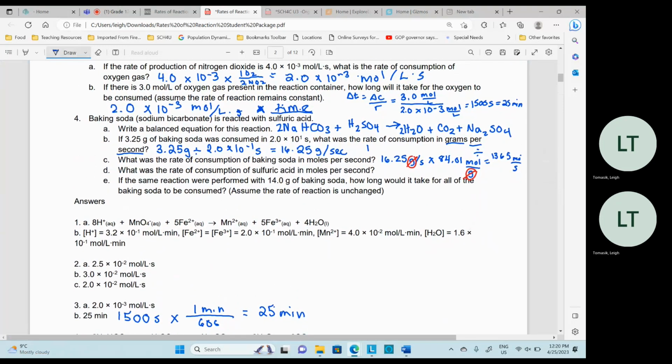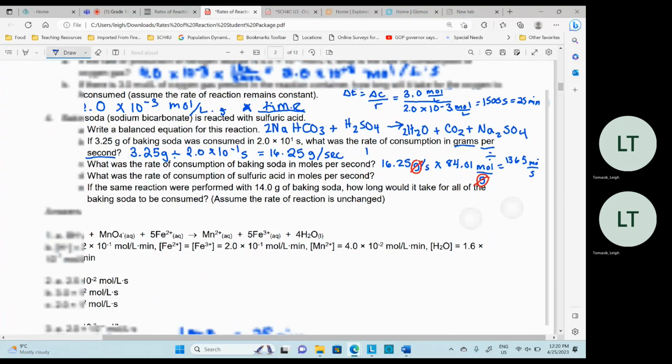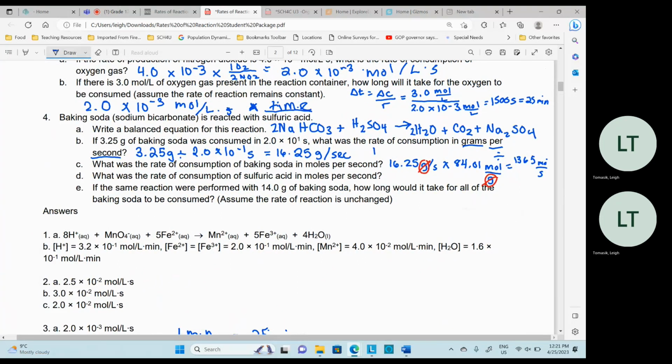We have a problem. Let's figure out what the problem is. So it says 3.25 grams of baking soda was consumed in. Oh, I understand now. I had this times 10 to the negative 1, and it's actually times 10 to the 1, right?